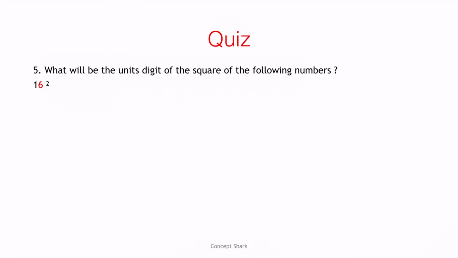What will be the units digit of the square of the following numbers? Here the original number has units digit 6. So the square number will have the units digit of the square of this digit, that is 36. So the square number is going to end with 6. How many non-perfect square numbers will be between 5 square and 6 square?